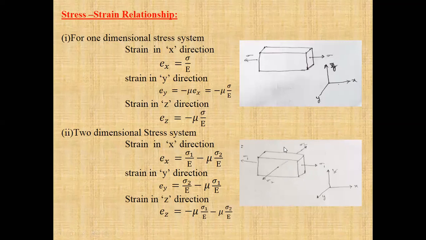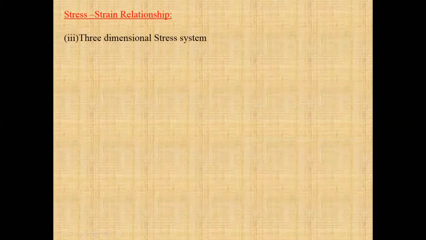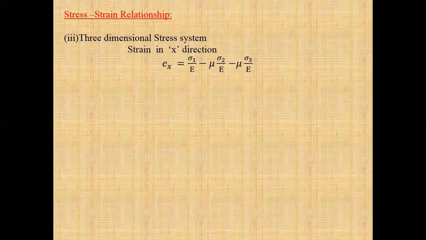Obviously, sigma 3 will be applied onto this roof or this bottom. So it acts in this direction, it is pulled in this direction. Sigma 3, let us take like that. I have missed to write the figure, not missed, but just shifting it here. So this is a three-dimensional stress system, obviously, just give a thought to it.